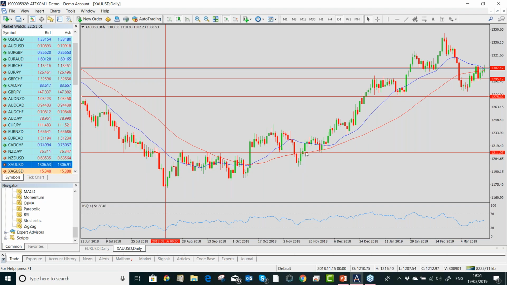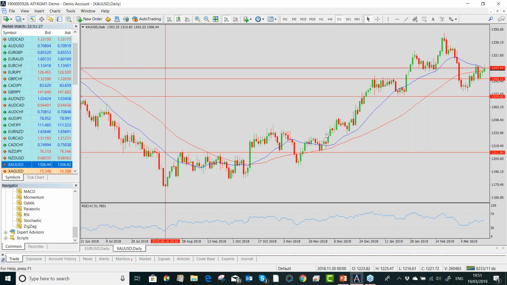It broke through here, but on this occasion it's acted as support. So bringing in levels of support and resistance can be extremely profitable for trading. Are we going to use trend indicators such as moving averages to build a clearer picture of whether the market is trending or ranging?